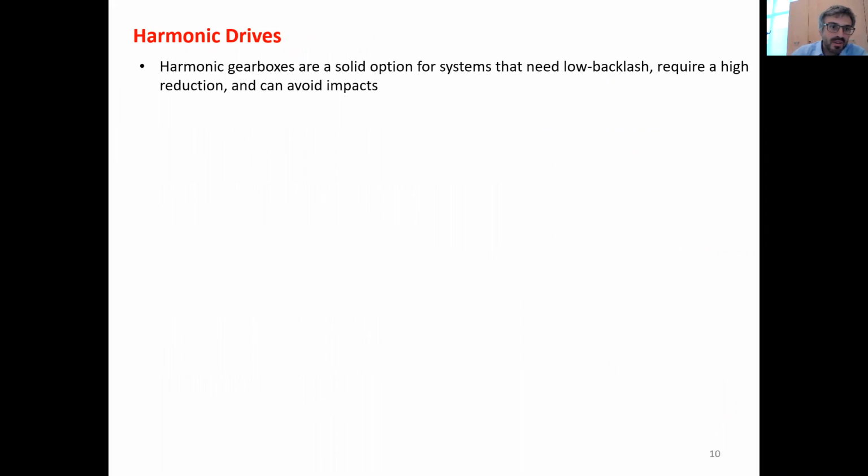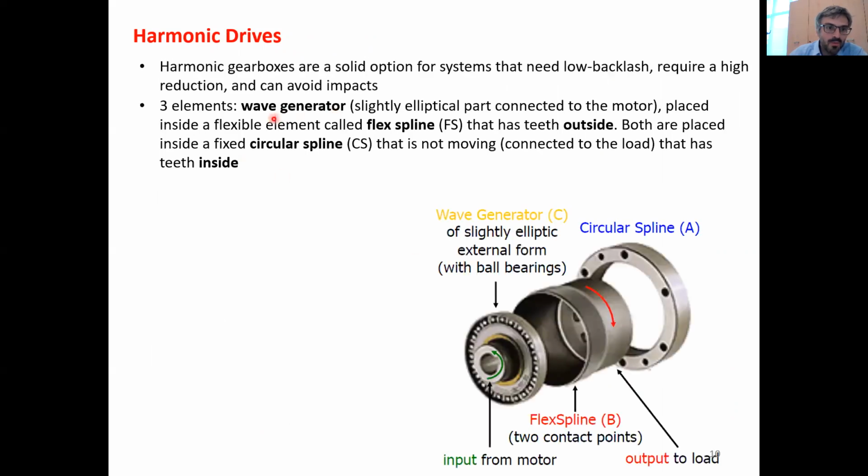A harmonic drive is composed by three elements: a wave generator, that is a slightly elliptical part that is coupled to the motor. And the wave generator is placed inside another element that is called the flexible spline, which is a flexible element with some teeth on the periphery.